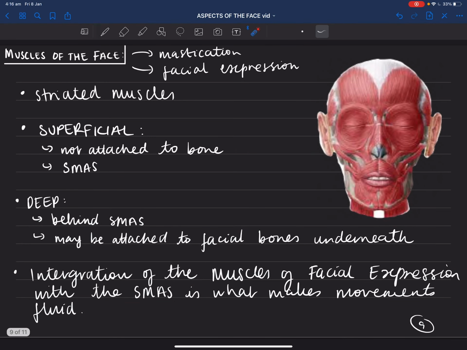The deep muscles are behind the SMAS, and they can be attached to the facial bone underneath. The integration of these muscles of facial expression within the SMAS is what makes the movements of our face fluid and not stodgy and not staged.